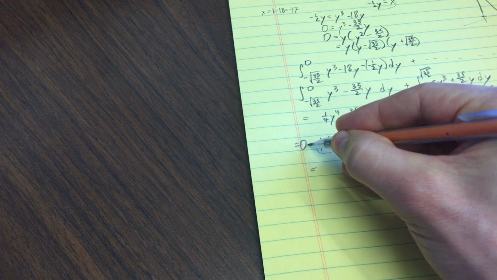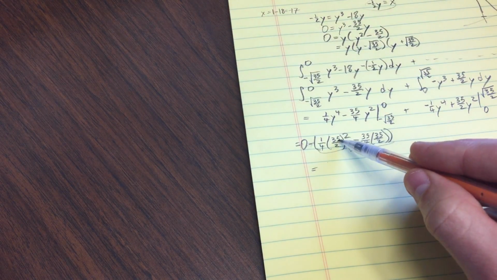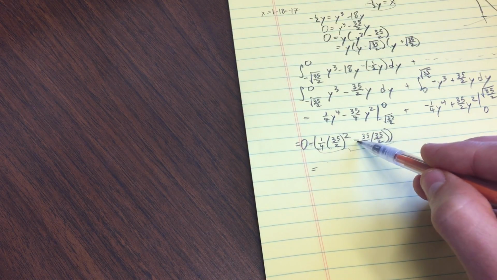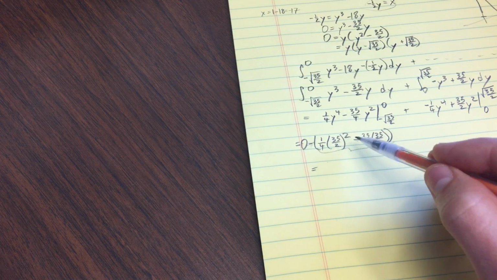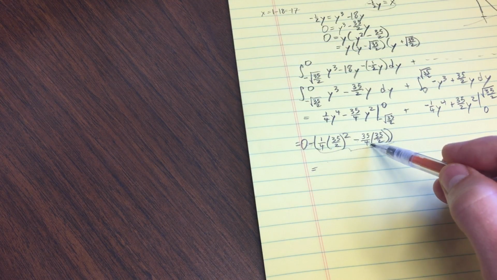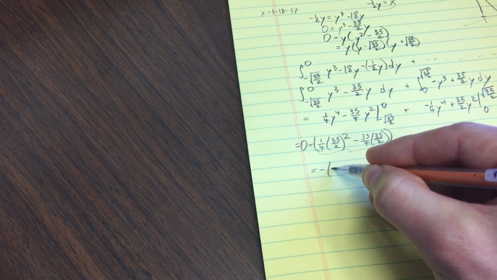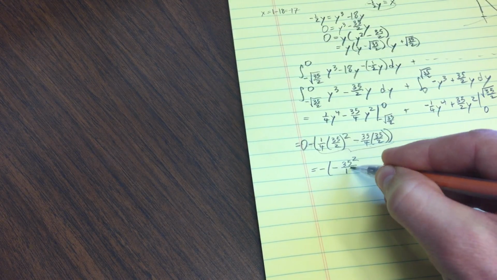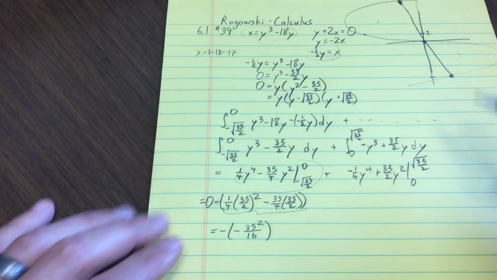Well, that's a good thing. So 35 squared over 16 minus 35 squared over 8. A 16th minus an 8th is negative a 16th, so we have minus negative 35 squared over 16. That's a positive. This better be a positive area, because remember, the shape up here is a positive area.